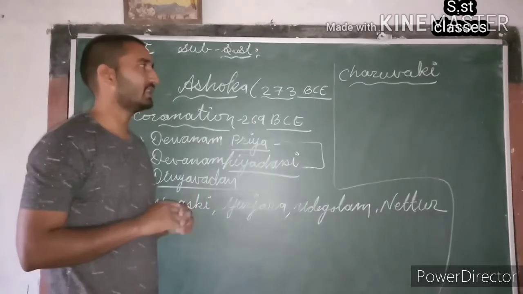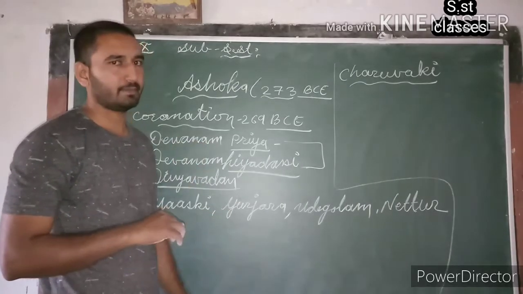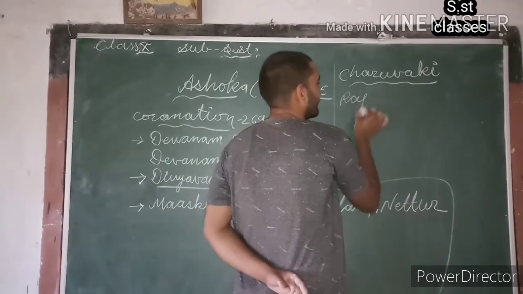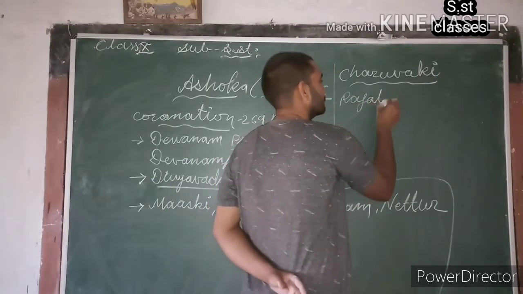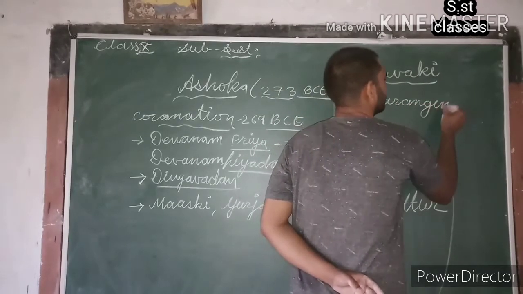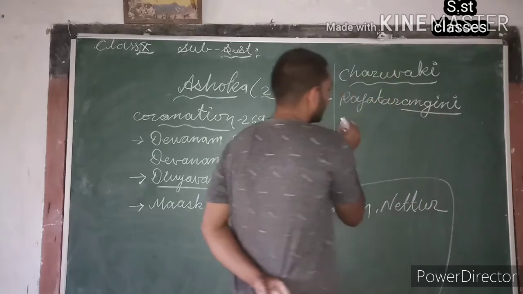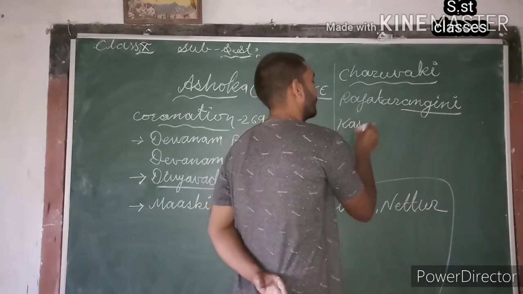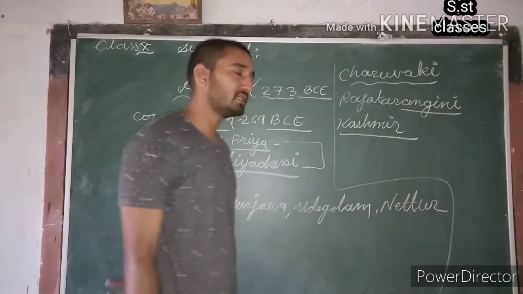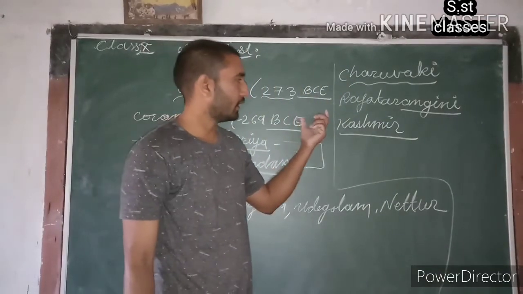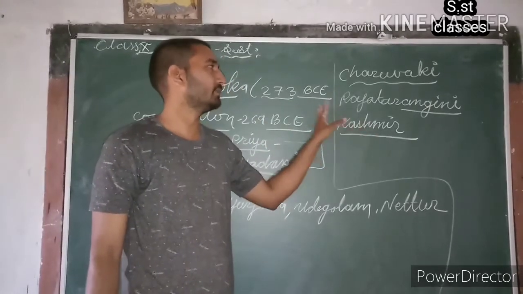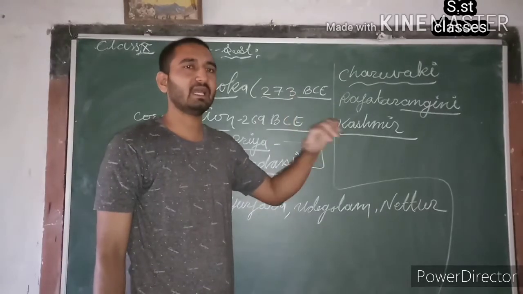Means we can say that according to Kalhan's Rajatarangini, Ashoka invaded Kashmir in the 7th year of his coronation. But about the invasion of Ashoka on Kashmir, we didn't find any description in any other source.